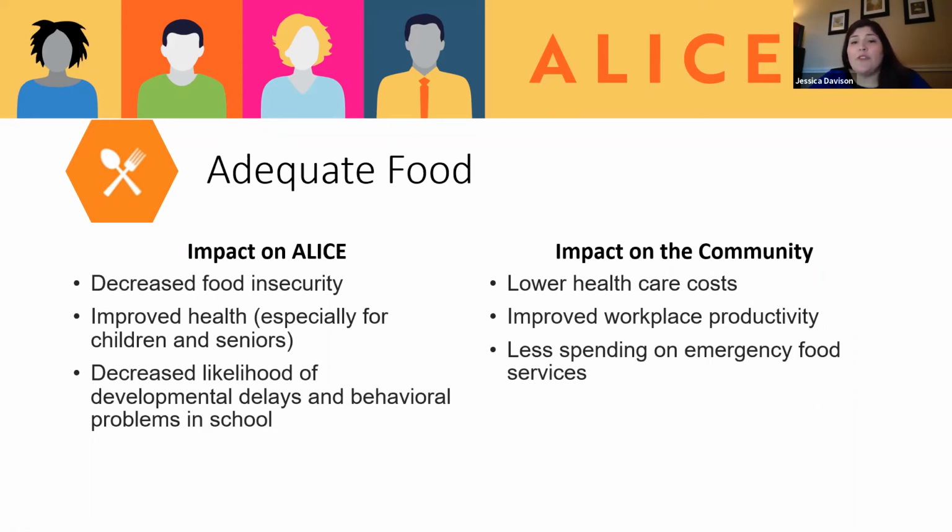So when ALICE has adequate food, we see decreased food insecurity, improved health, especially for children and seniors, decreased likelihood of developmental delays, and behavioral problems in school. For our community, there's a connection between food and community health, as it creates opportunities for lower healthcare costs, improved workplace productivity, and less spending on emergency food services.